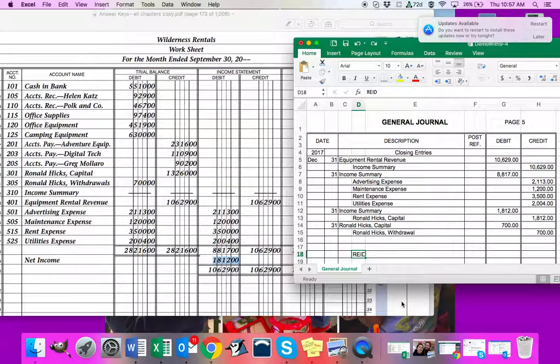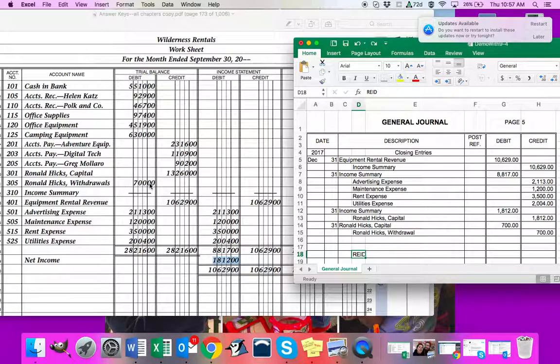Now we have the D, the withdrawals amount. Looking on the 6-column worksheet, our withdrawals is $700 and it carries a debit balance. So guess what we're going to do to withdrawals? We're going to credit it. Now, what does withdrawals come out of? Withdrawals is anytime the owner, Mr. Ronald Hicks, decided to take money out of the business.